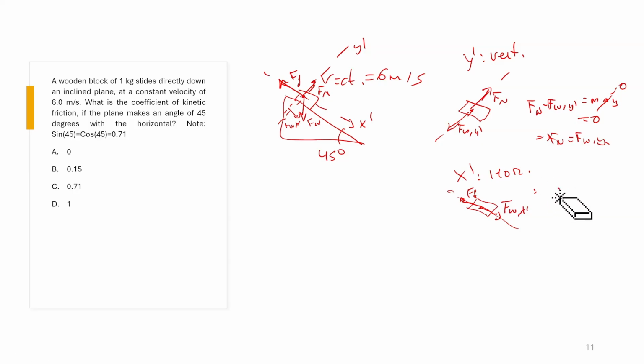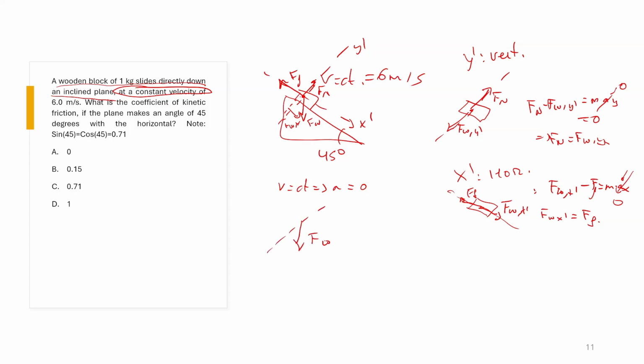The balance of forces is going to be weight in x prime minus the friction, and that's equal to mass times acceleration in x. But here's the thing, what is the acceleration in x? A wooden block of 1 kilogram slides down the inclined plane at a constant velocity. If velocity is constant, acceleration is 0. Force of weight in x prime is the force of friction. So let's now take the weight and analyze how to distribute.